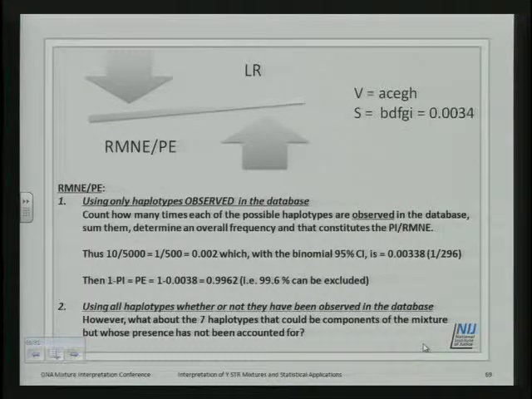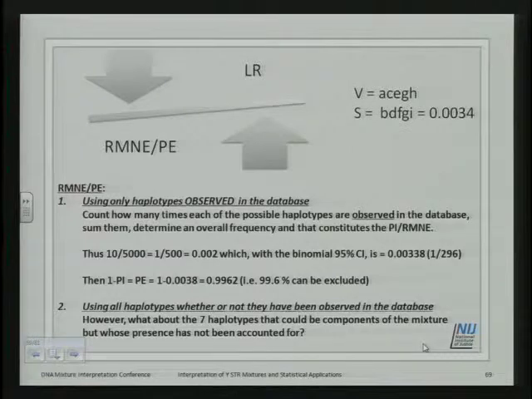So 1 minus pi, the probability of exclusion, is 0.9962. That is, 99.6% of all males can be excluded. I don't know what that means yet, but we say 99.6% of males can be excluded based on this database.